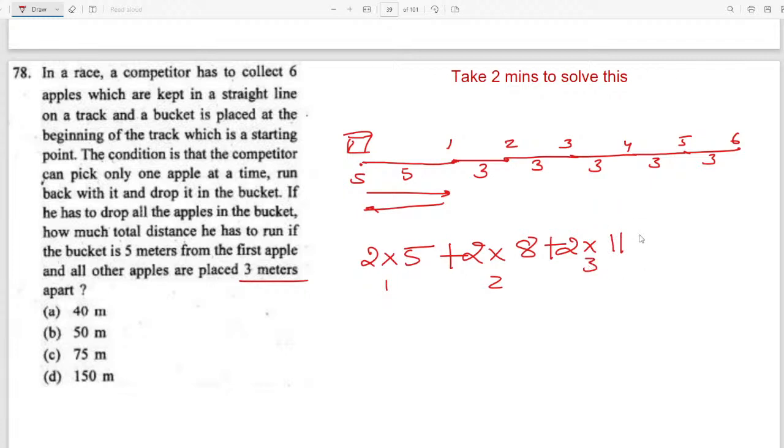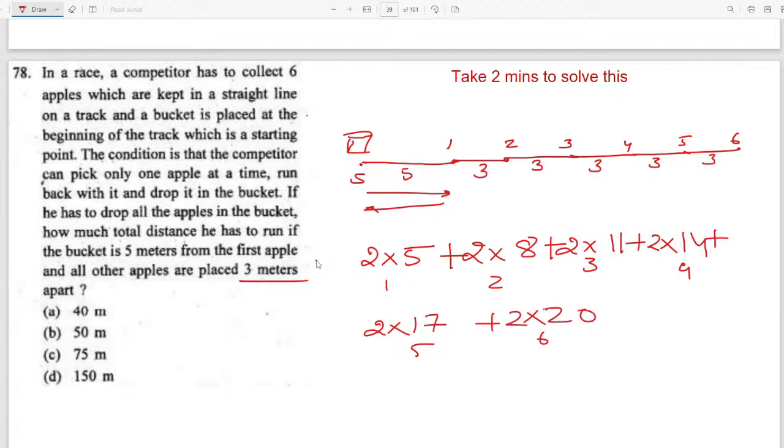Again 2 into 11 plus 3 is 14. This is the fourth apple, and this is 2 into 14 plus 3 is 17. This is the fifth apple, and 2 into 17 plus 3 is 21. Sorry, 20. This is the sixth apple.